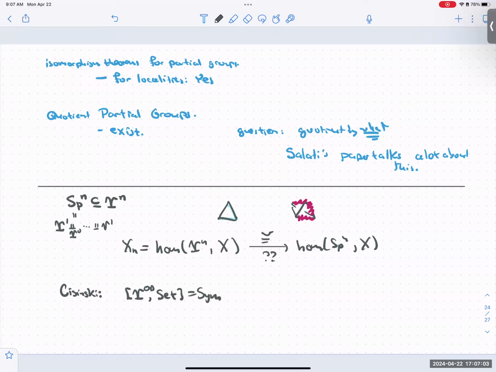Lots of people use different things, but he has a model structure. So absolutely. I didn't talk about this, but for infinity groupoids, yes, you absolutely can do this. Okay, great. I was unaware.